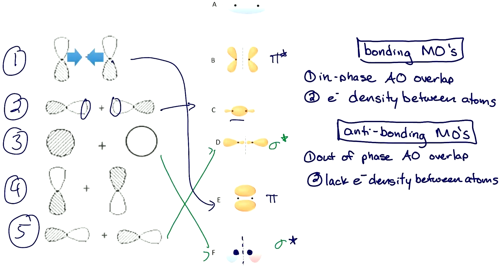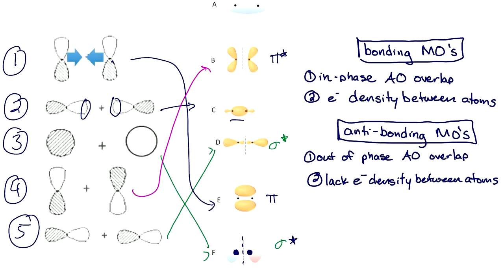It has the dotted line indicating that this is a bond weakening molecular orbital. We lack electron density between the two atoms themselves. See how they're kind of like pushing away? And so since this is pi star, we need to look for what kind of phasing between the two atomic orbitals. They need to be out of phase. So that's where the last one goes. This is number 4. Okay.